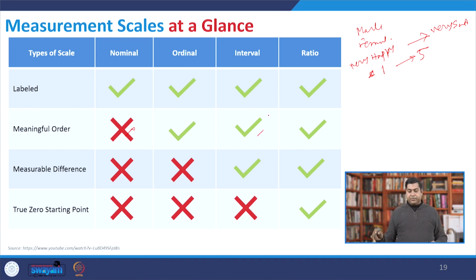Interval also has the same thing, we have to have that particular order, so that you can know that 40 degrees Celsius is higher than 20 degrees, and minus 16 degrees is lower than 0 degrees. So, those kinds of order are there in interval, and ratio is also the same. Measurable difference: we cannot make any such calculation apart from frequency. So, we cannot calculate the difference in terms of male, female.